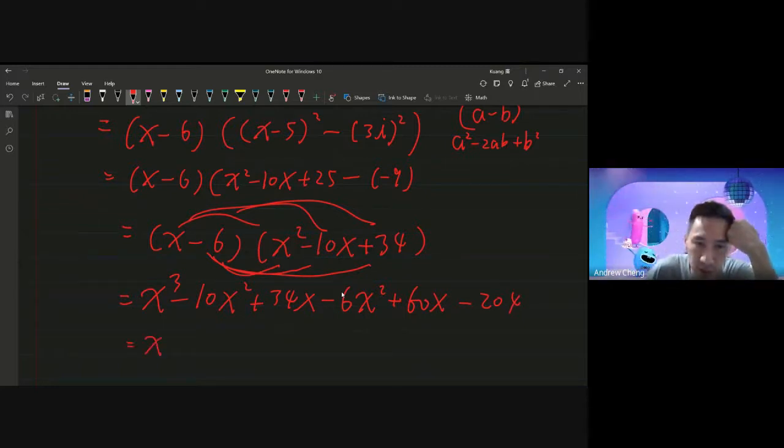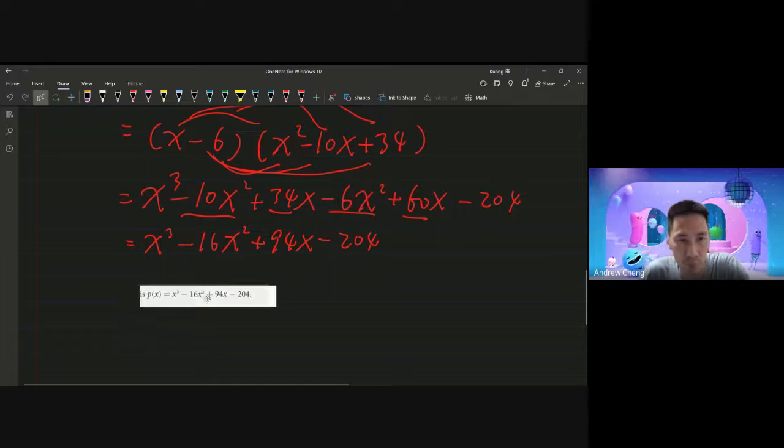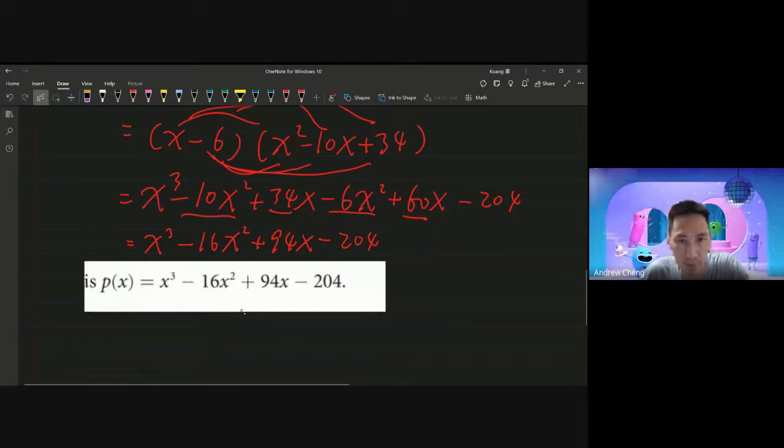So x cubed, negative 10, negative 6, negative 16x squared. 34 plus 60 is 94x, minus 204. Am I correct? Let me check. All right, seems yes. Okay.